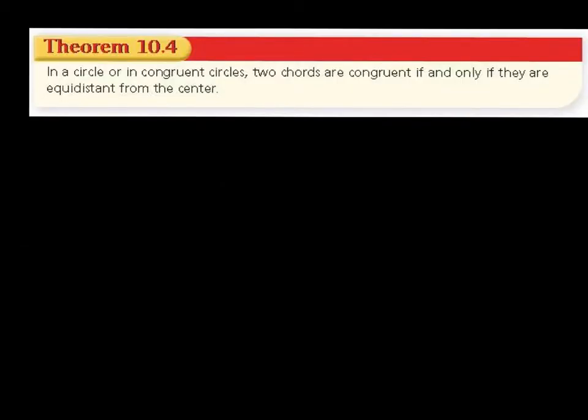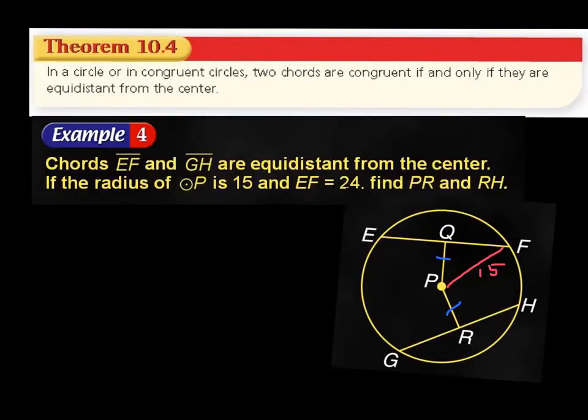In a circle or congruent circles, two chords are congruent if and only if they are equidistant from the center. Chords EF and GH are equidistant from the center. The radius of circle P is 15 and EF is 24. Find PR and RH.